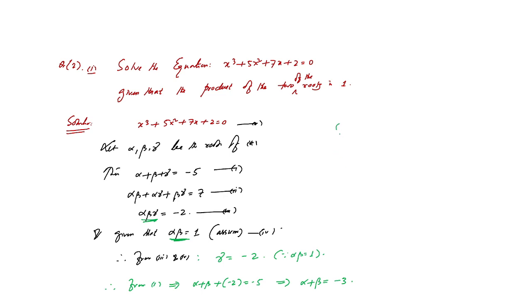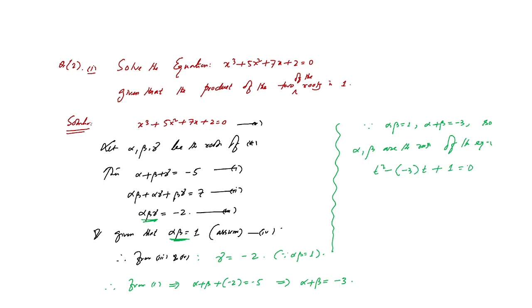So now what we get, since alpha beta equals 1 and alpha plus beta equals minus 3, alpha and beta are the roots of the equation t square minus (alpha plus beta) t plus alpha beta, that means 1, equals 0.